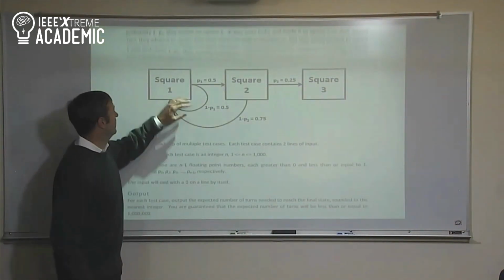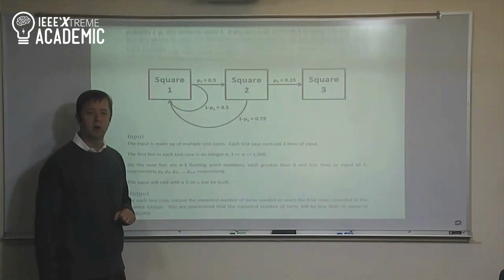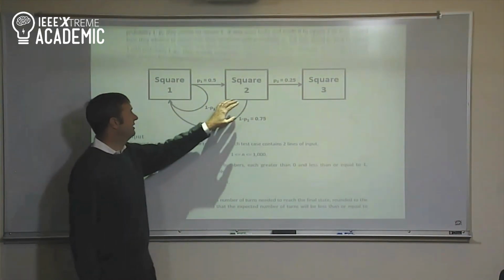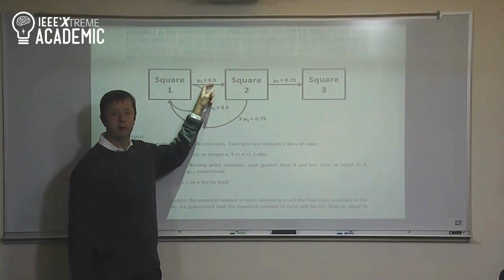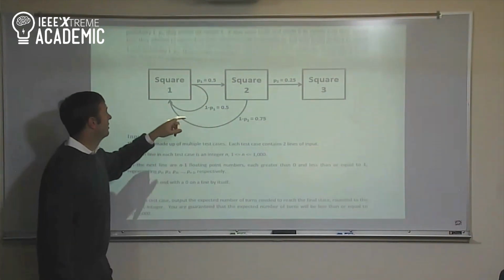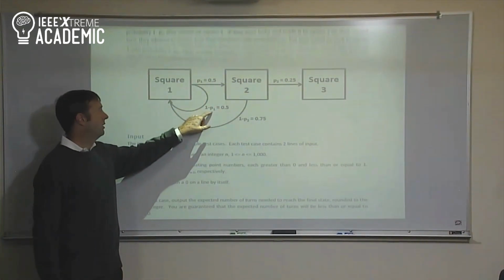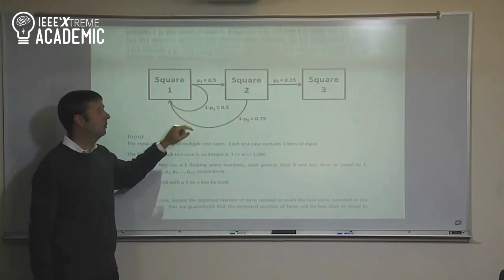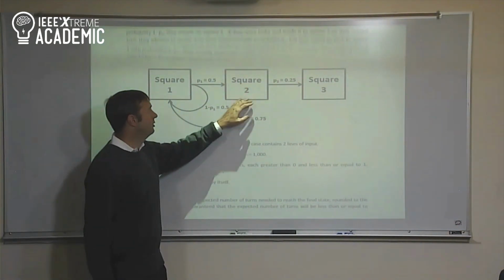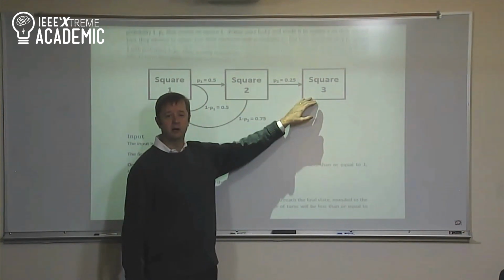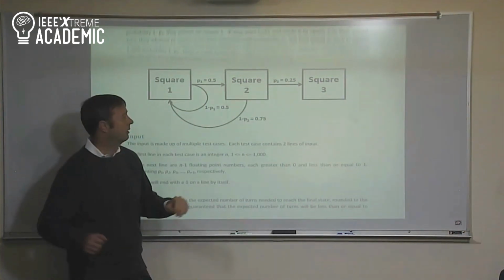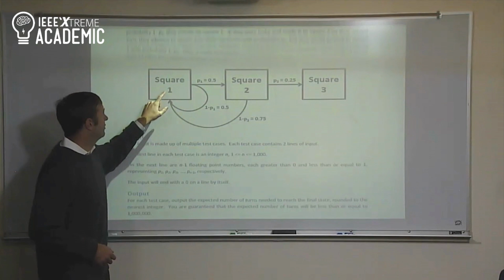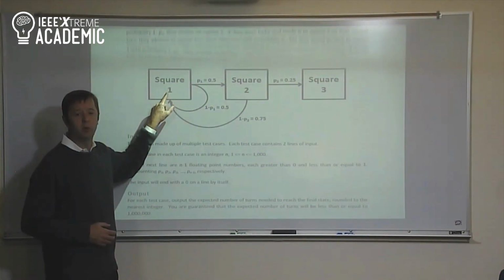In the example that's given, we start in square one on turn one, and we would advance to square two with a probability of 0.5. Of course, the remaining time, 1 minus 0.5, the other half the time, we stay in square one. In square two, we would advance to the final square, square three, with a probability of 1/4. 3/4 of the time, we go back to square one.